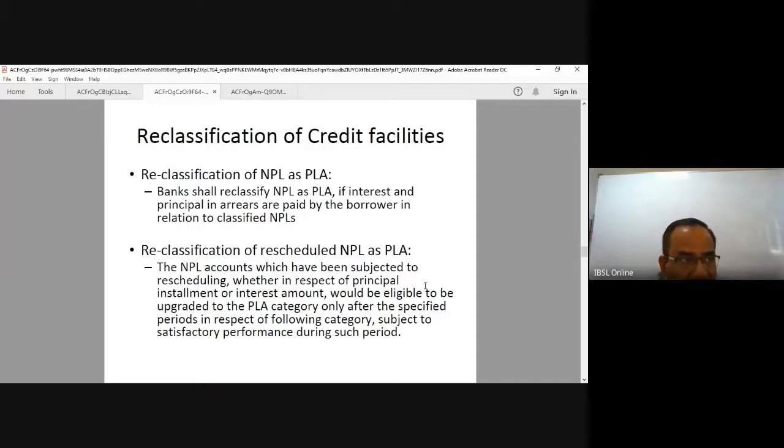So when you do that, if the loan was in the non-performing section, how do you reclassify it into performing? If the loan after rescheduling is paid regularly, then you will look at in which stage you did the rescheduling.